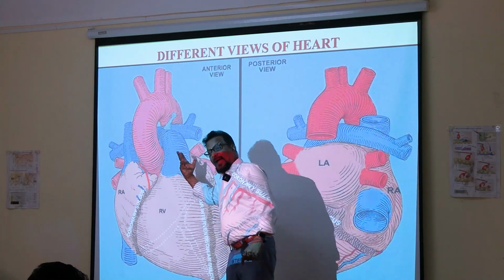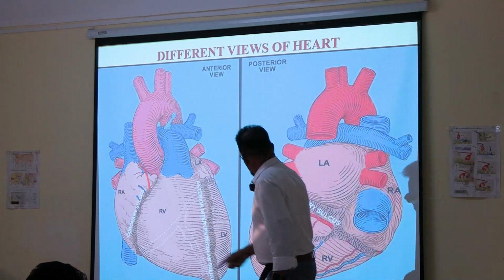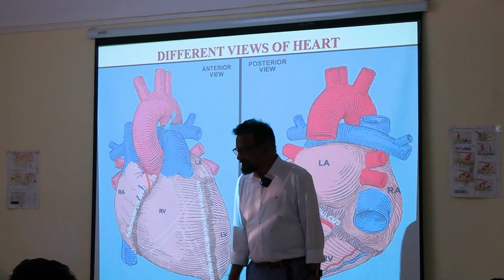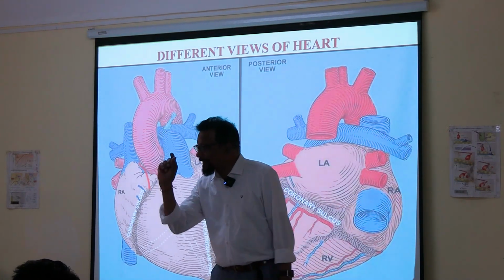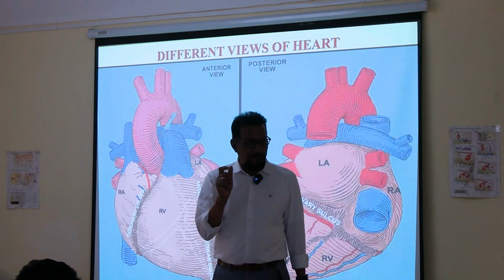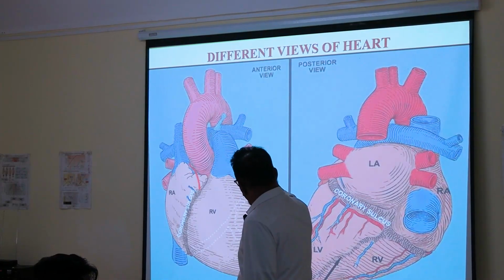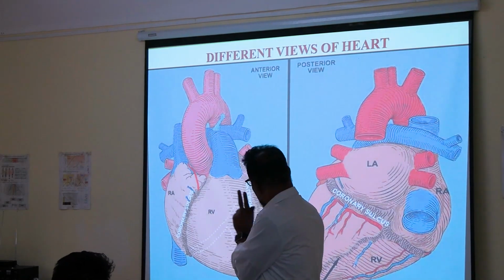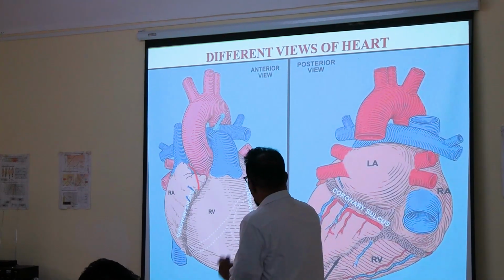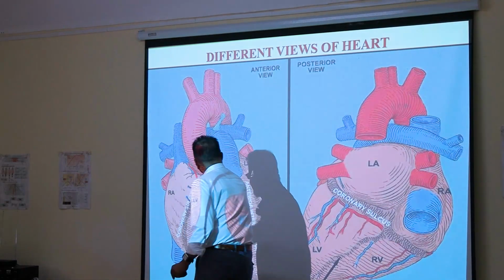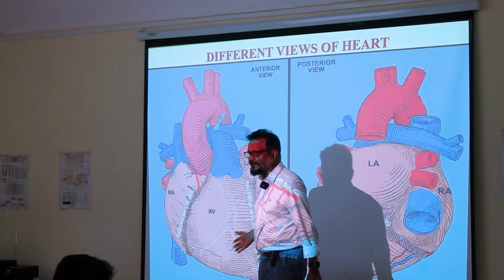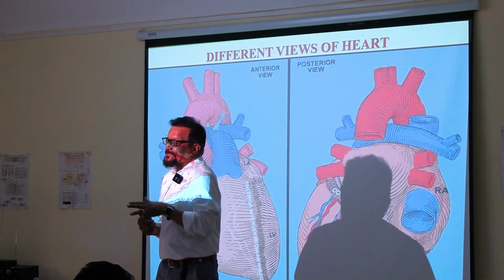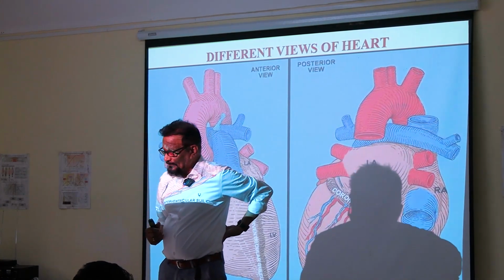The same thing is there at the back. We'll see some coronary arteries, branches of coronary arteries, along this sulcus. Up to this part is the right ventricle, and from the anterior view you can see part of the left ventricle. Most of it is at the back. Okay?